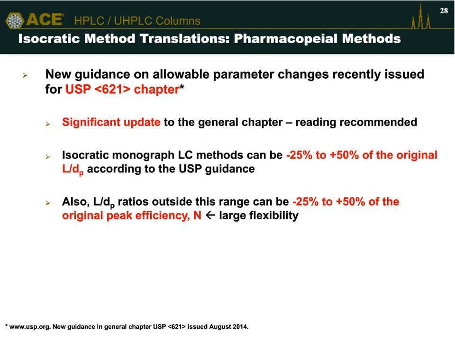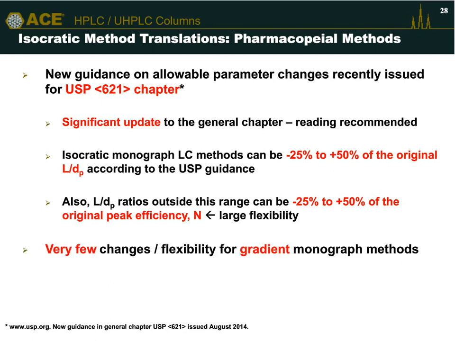So this new rewrite of USP 621 has incorporated a significant degree of flexibility for those analysts looking to convert traditional, older pharmacopoeia-based methods, isocratic methods, to newer technologies such as solid core technology or to shorter column formats with smaller particles. However, there have been very little changes, if any, for gradient monograph methods, so what I'm going to discuss here only applies in terms of the USP guidance and the monograph guidance to isocratic methods.